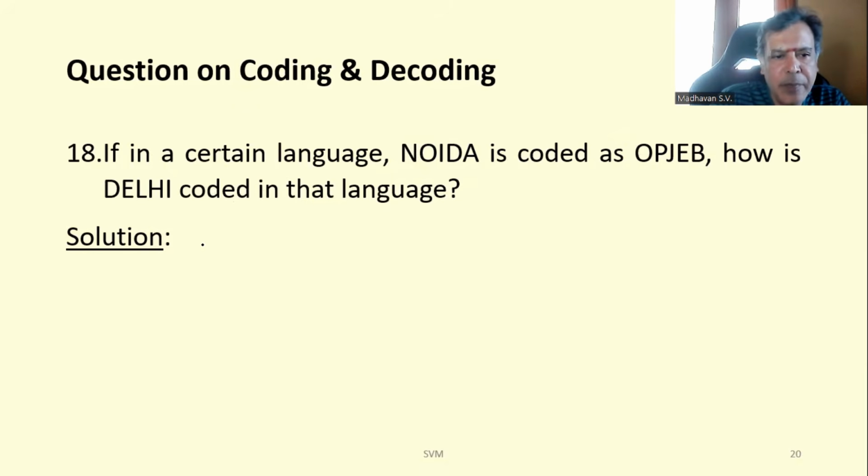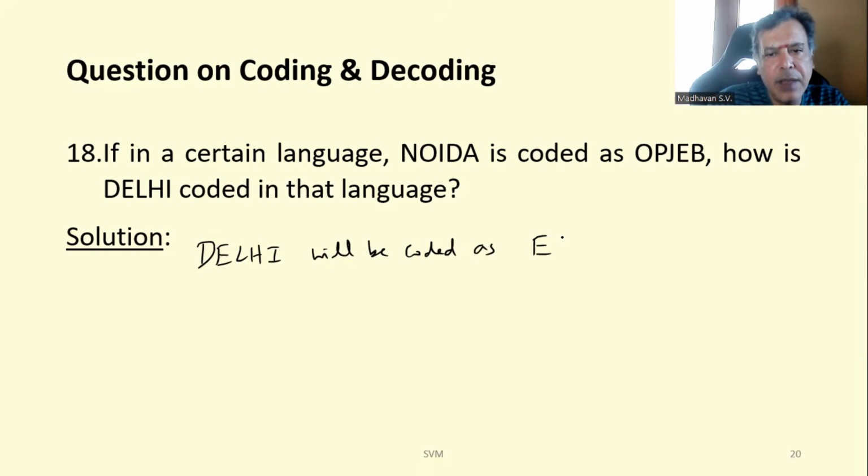So based on that, Delhi will be coded as: after D it is E, after E it is F, after L it is M, after H it is I, after I it is J. So it will become EFMIJ. That will be the coding for Delhi based on this logic.